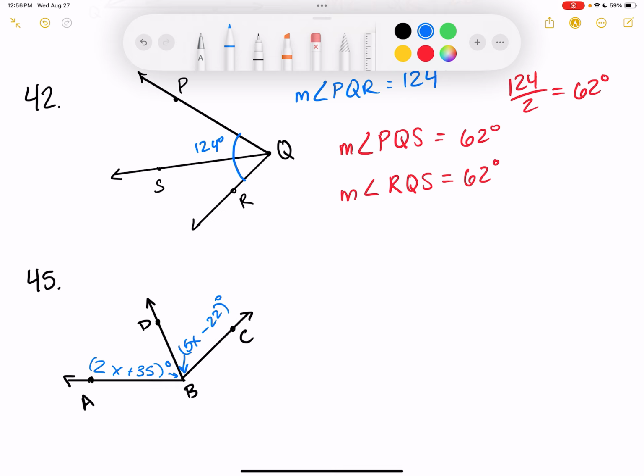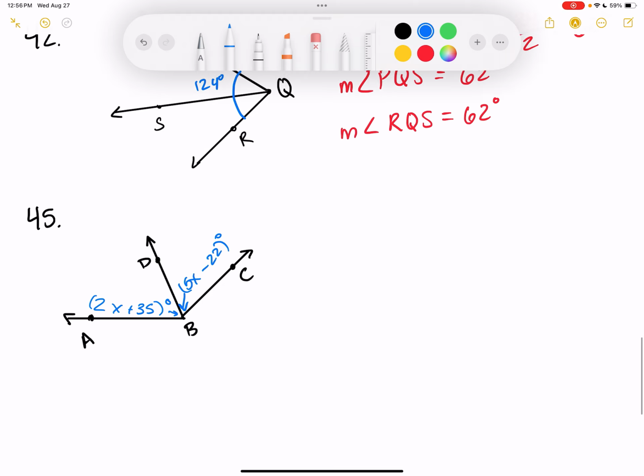So they are giving us the same information as the last problems were, but now we're solving for x to see what the actual angle value is. So if I know that it's a bisector, what do I know has to be true about 2x plus 35 and 5x minus 22? They're going to be the same.